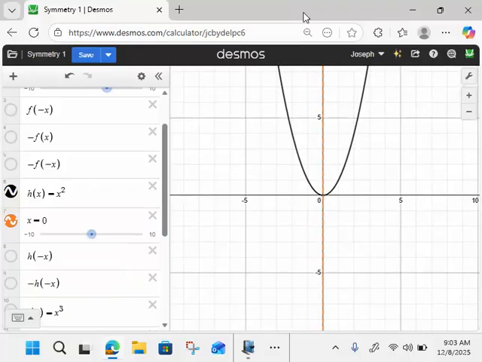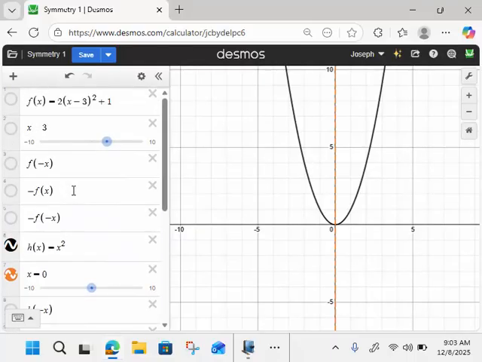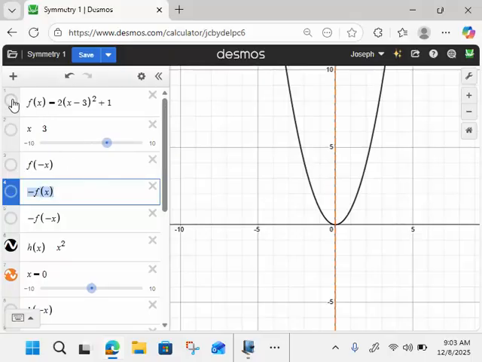Now, again, this is symmetric about the y-axis. We would call it an even function. All the x's have an even exponent. Now this guy, compare it to this one. This guy has a symmetry, but it's not what we would call an even function.